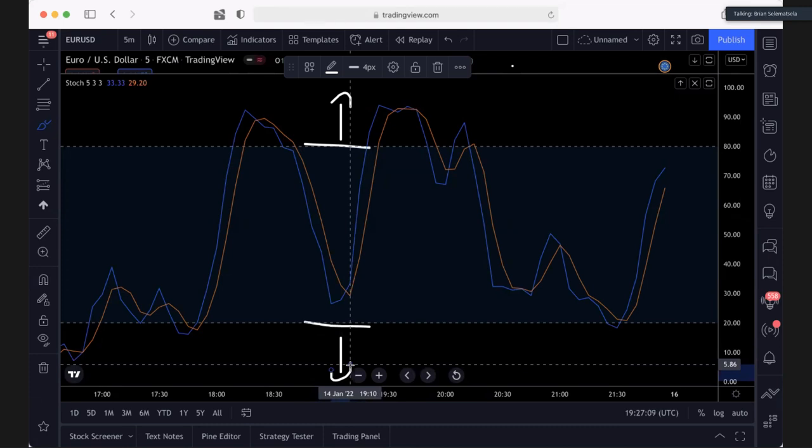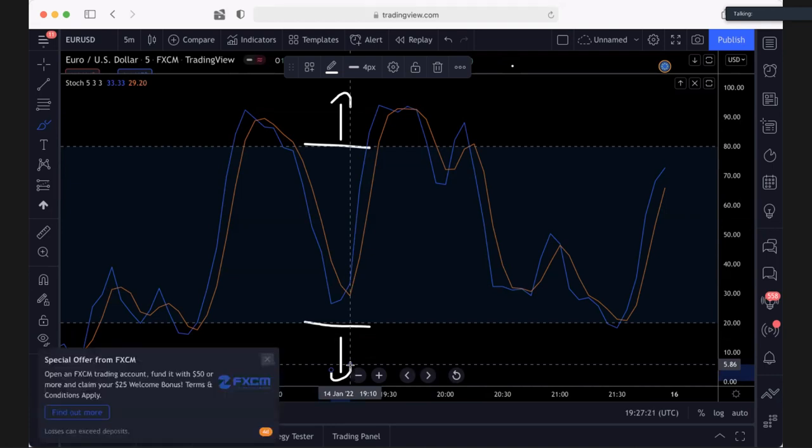So each and every trade that you take, you must take it in a divergence where the stochastic is at the overbought or oversold, depending on the time frame that you'll be in, because like I said, each and every time frame has its own divergences.